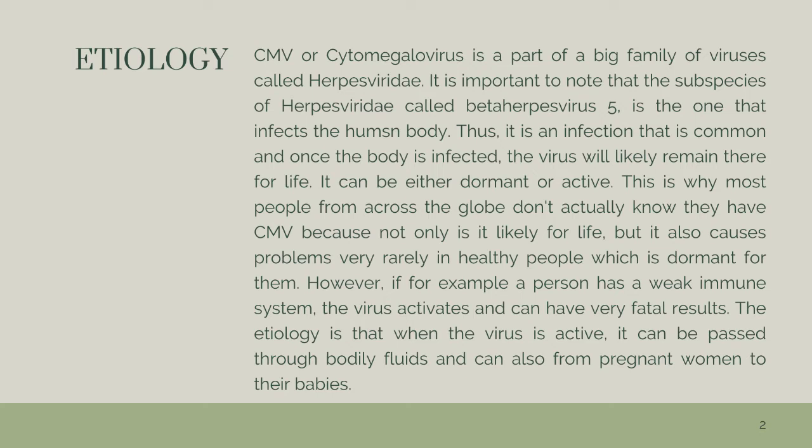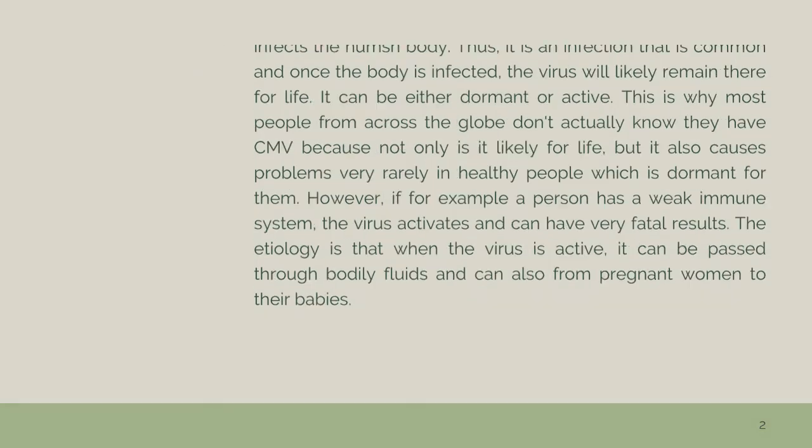However, if a person has a weak immune system, the virus activates or reactivates and can have very fatal results. And the etiology is that when the virus is active, it can be passed through bodily fluids and can also pass from pregnant women to their babies.